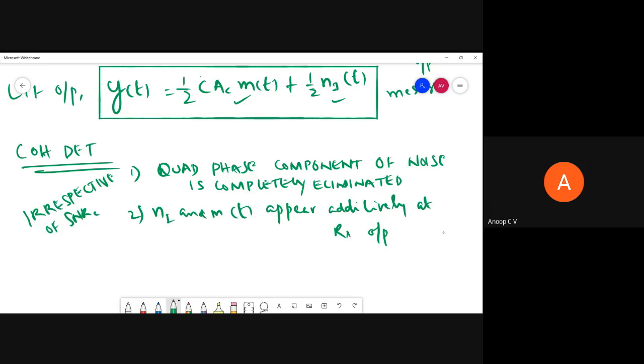Now here you can see we have a signal component or message component, and we have a noise component.